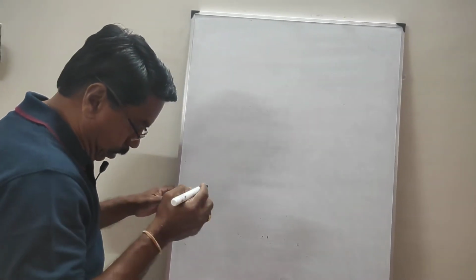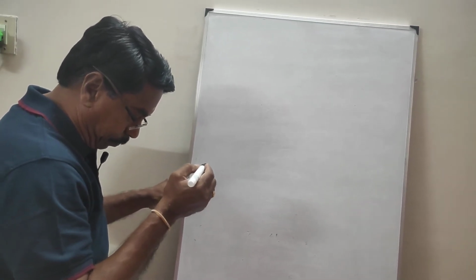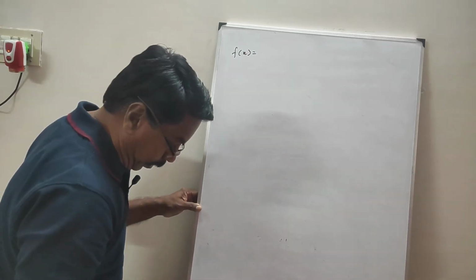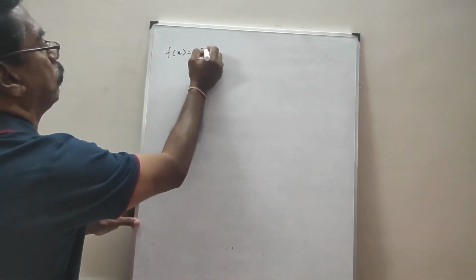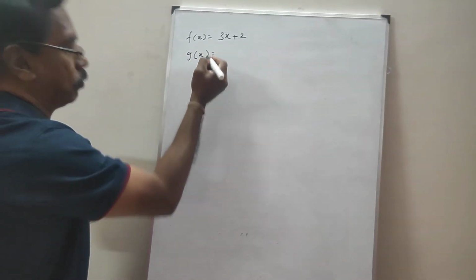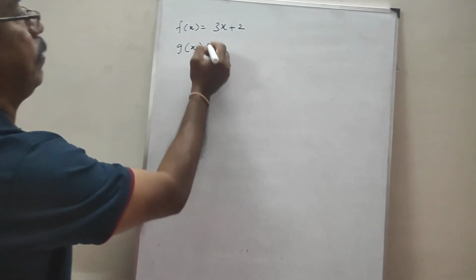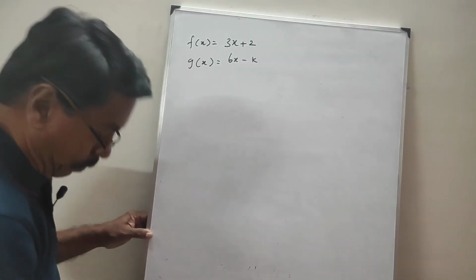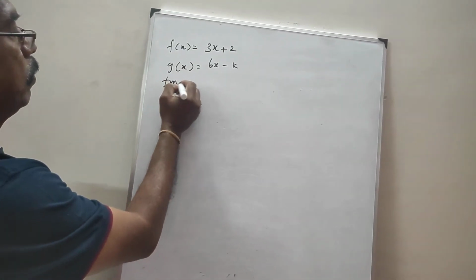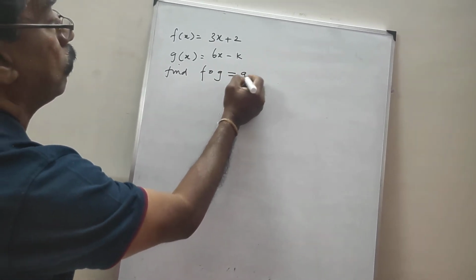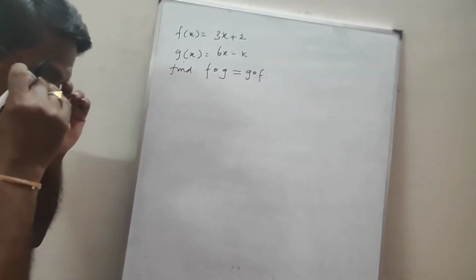If f of x is equal to 3x plus 2 and g of x is equal to 6x minus k, find k if f∘g is equal to g∘f.